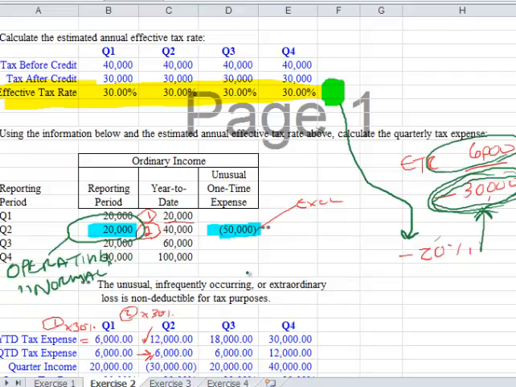It's a one-time item that really is distinct from operations. It's unusual. And for the quarter, the P&L doesn't differentiate between usual and unusual stuff. It's all in there. So for the quarter, your P&L will show a loss of $30,000 because it's reflecting both the one-time charge as well as the normal business operations.